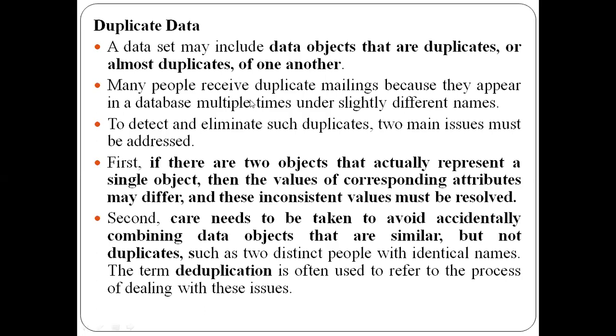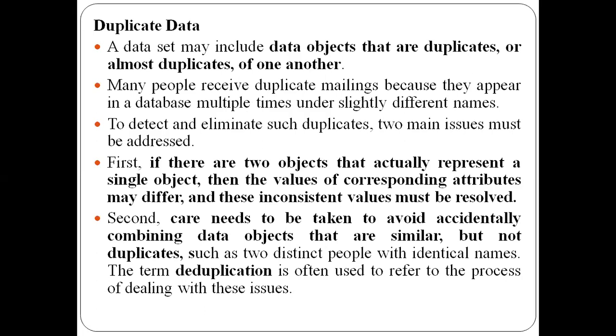If you have duplicate data, one thing is you can find that data and eliminate it. How can you eliminate? Suppose you have two tuples or rows for a single object, which actually represent a single object, then you can combine them, or you can eliminate one of the data objects from the database. That is one thing you can do.